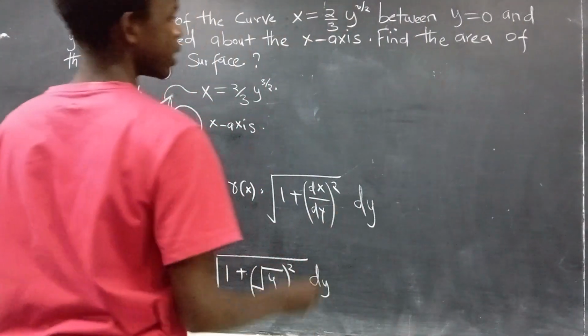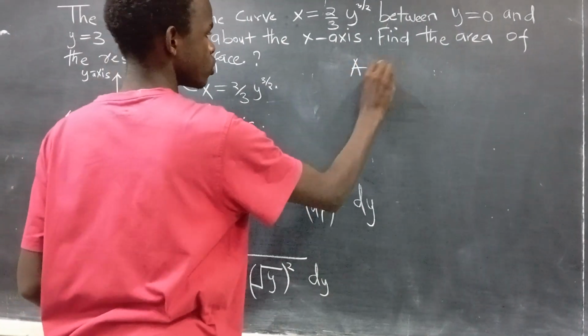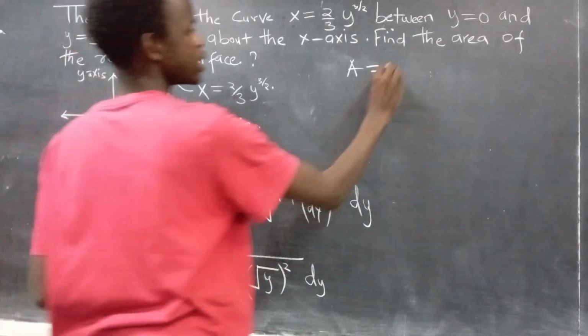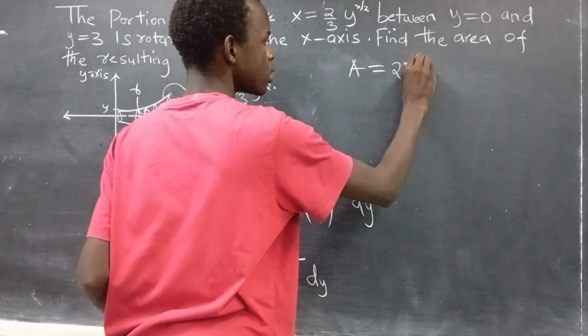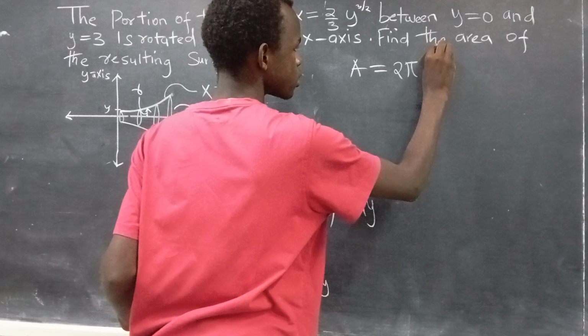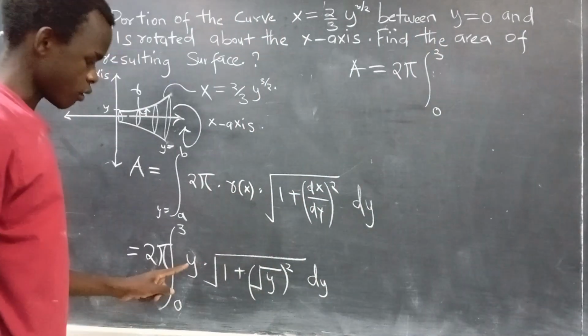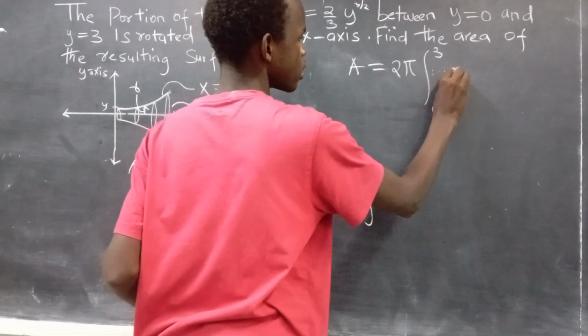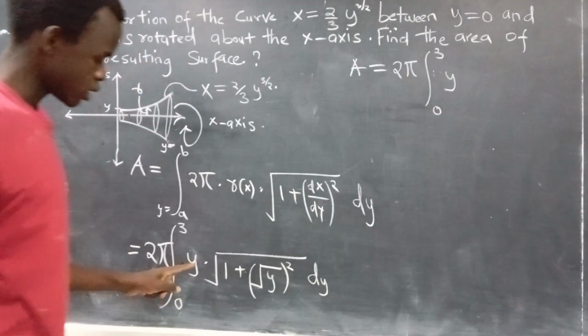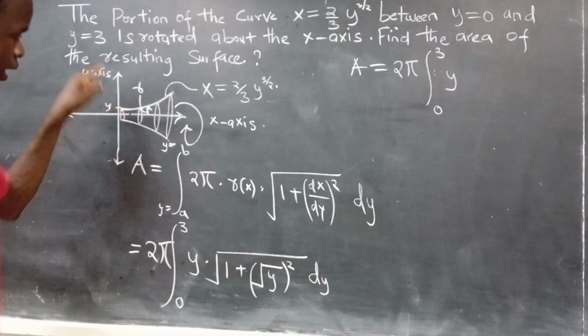So I'll get my area to be 2 pi outside, the integral from 0 to 3 of y. Y is this value of x.